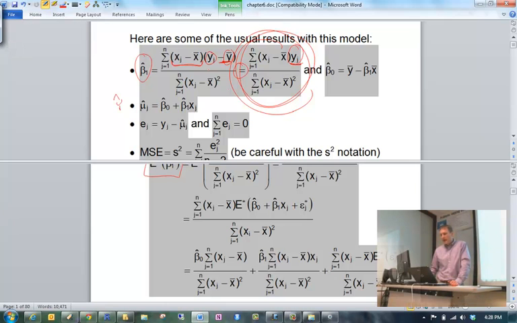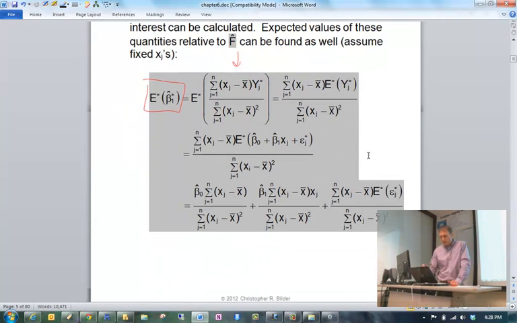Well, now for beta hat 1 star, it's exactly the same except for I have a yj star. Remember, the x's will always be the same. So what I can do is move then that expectation through the sum. Here's expected value star of yj star.